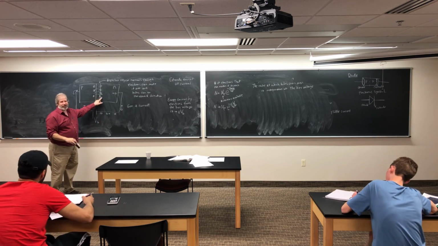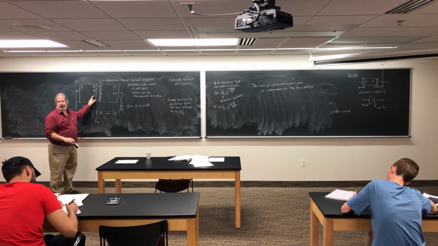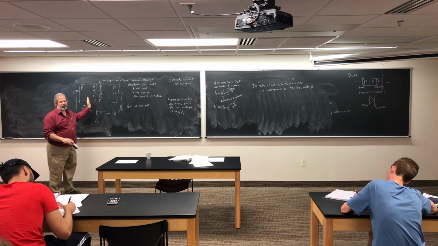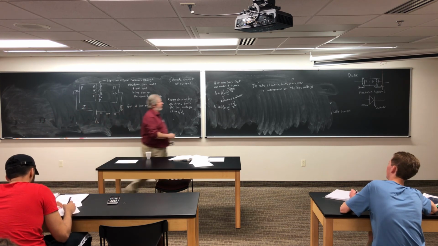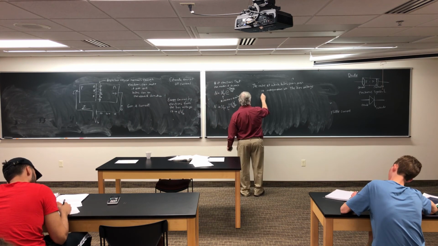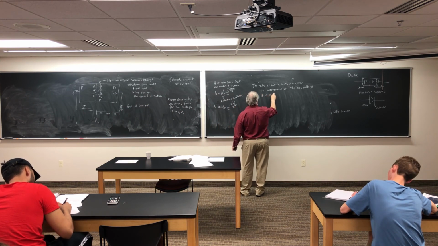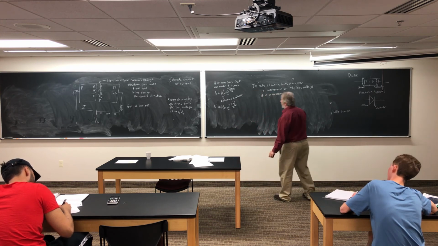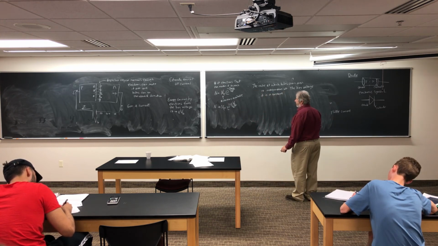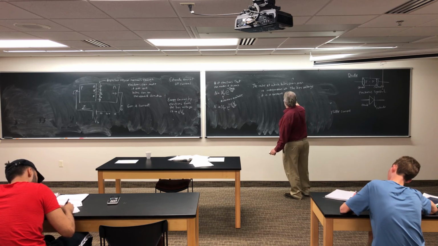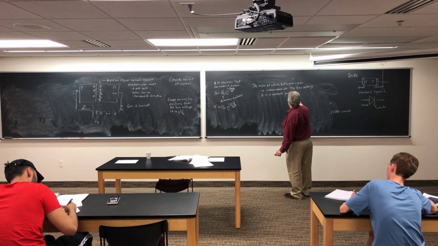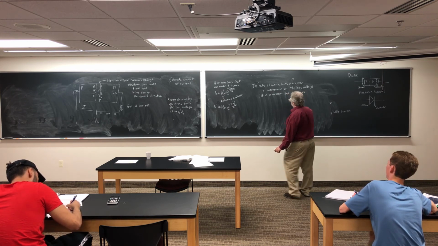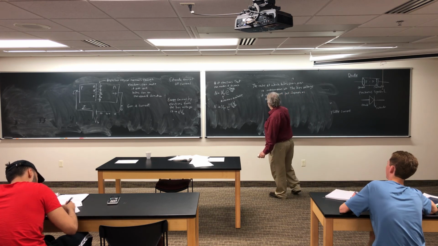You can suddenly get a vacancy over here and lose one over here. But the rate that happens is a constant, okay? But it does depend on the number of electrons available.